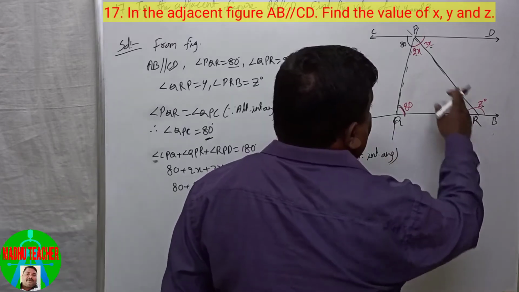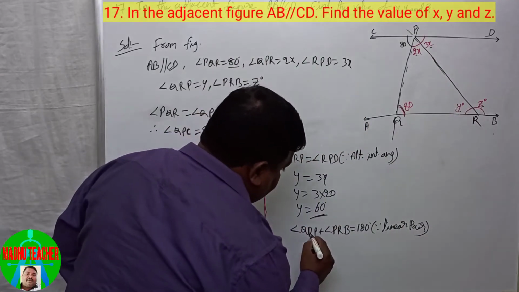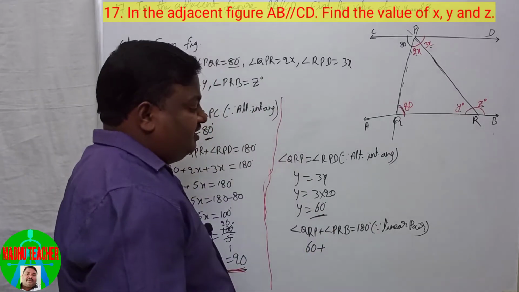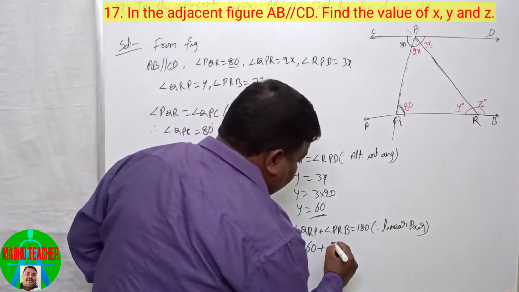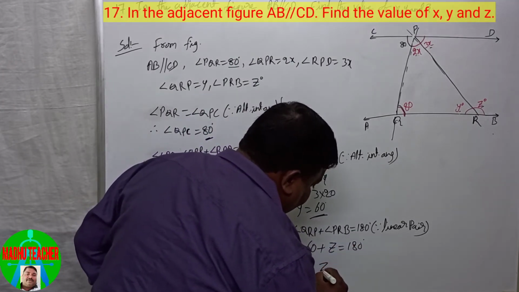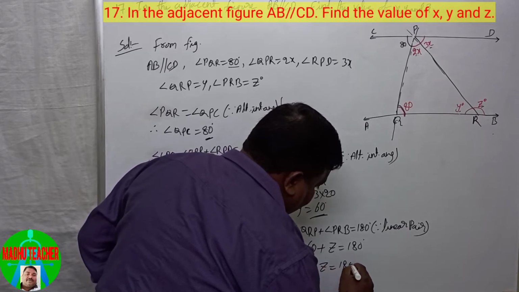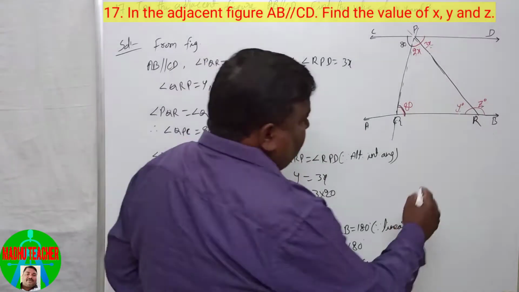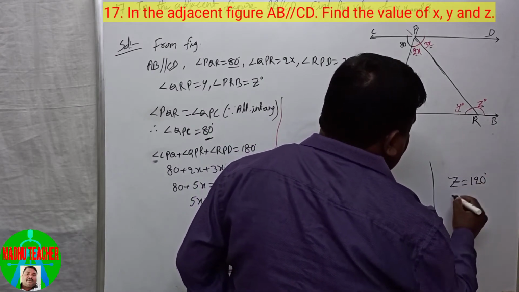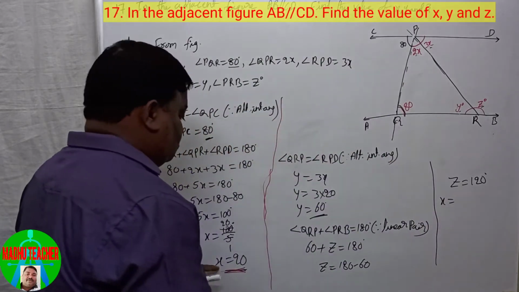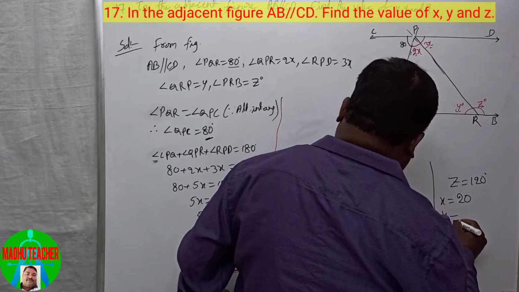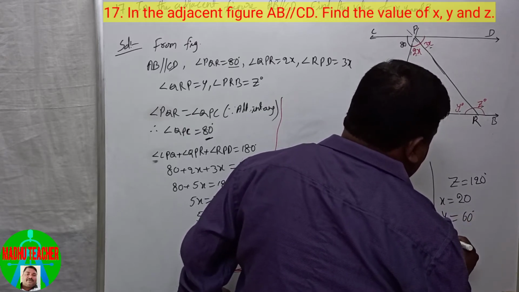QRP is y, 60 degrees, plus PRB, which is z, equal to 180 degrees. z equal to 180 minus 60, that is z equal to 120 degrees. So x equal to 20, y equal to 60, z equal to 120.